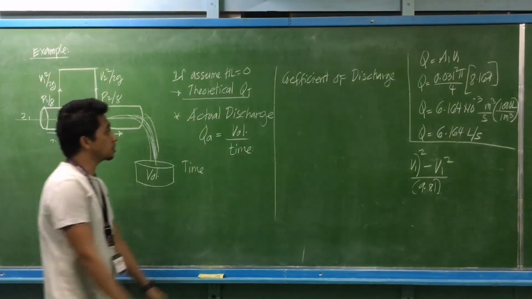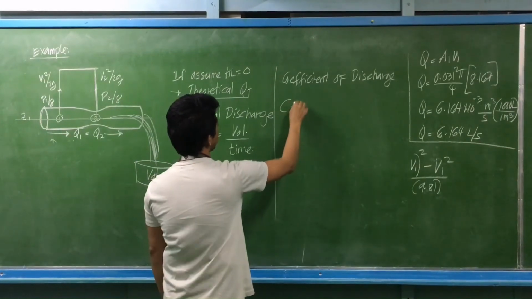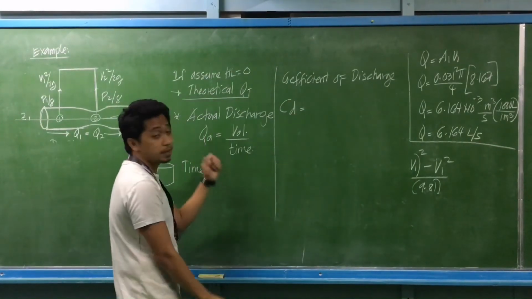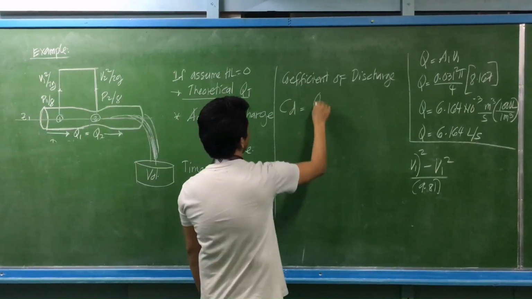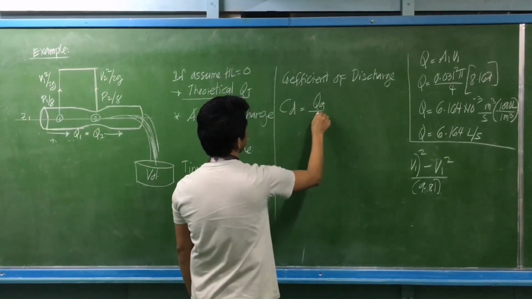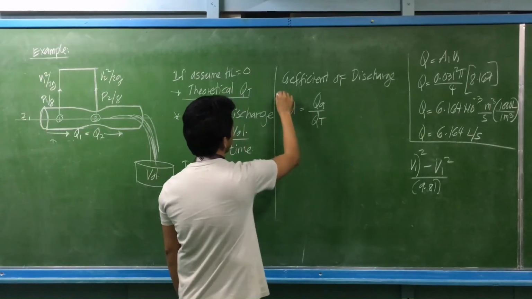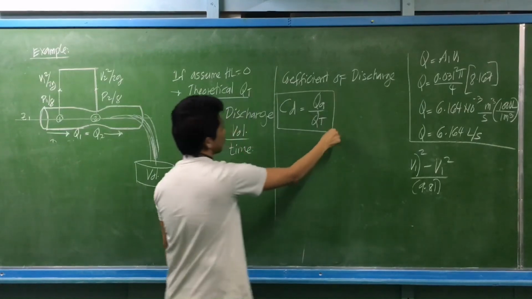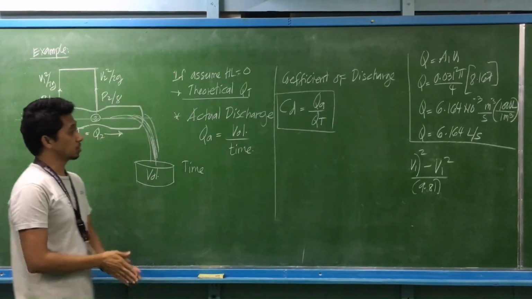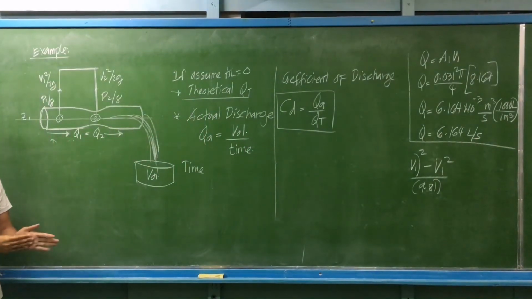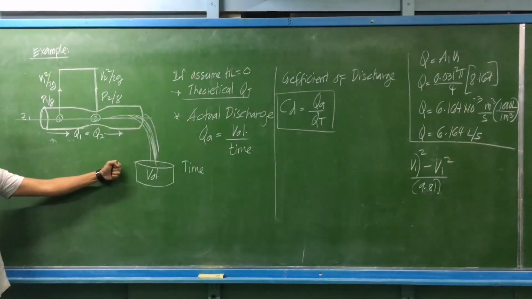So we have the coefficient of discharge, let's call it C sub D. This is the ratio of the actual discharge, flow rate actual, divided by flow rate theoretical. So this is the coefficient of discharge. So maybe you will see this in your laboratory.